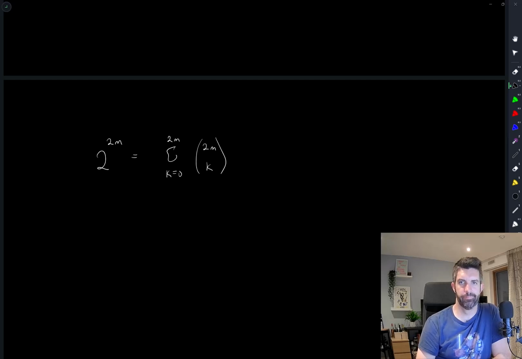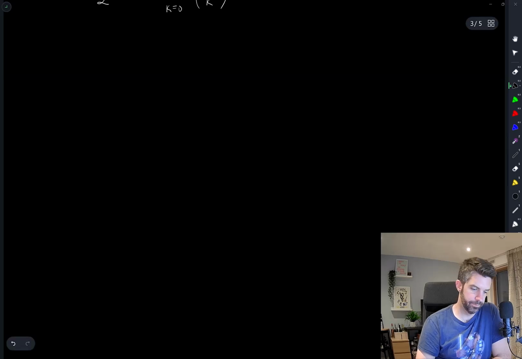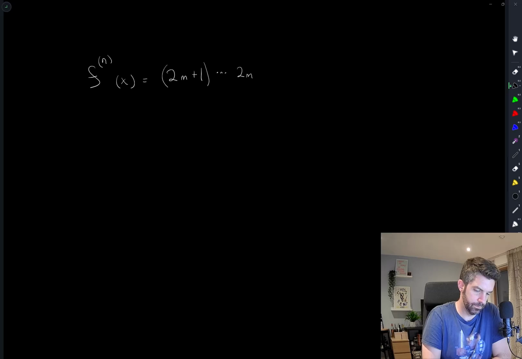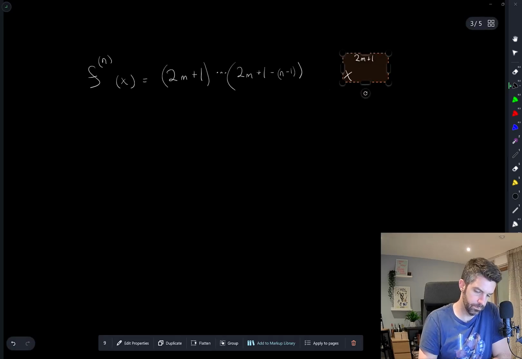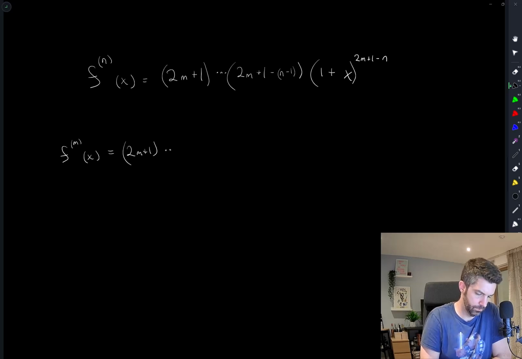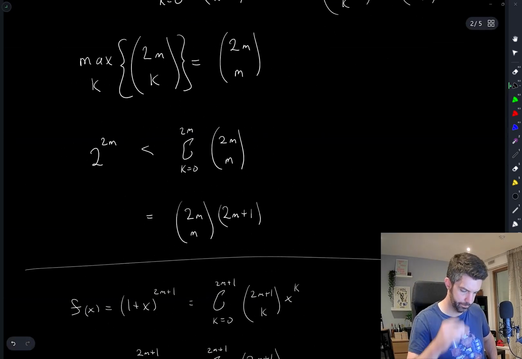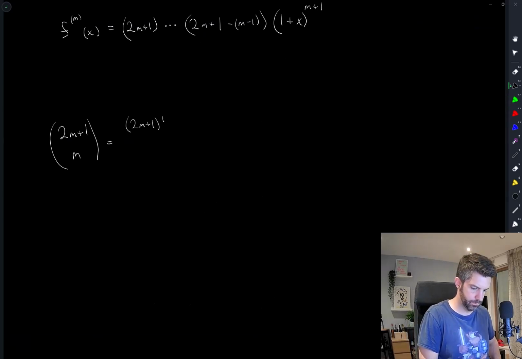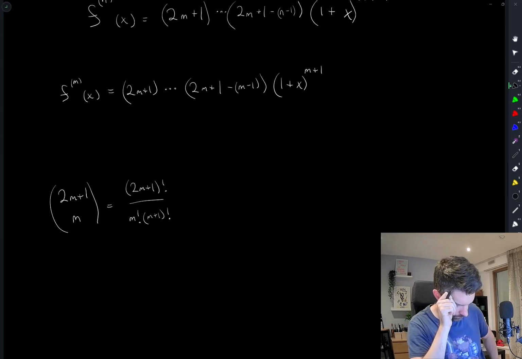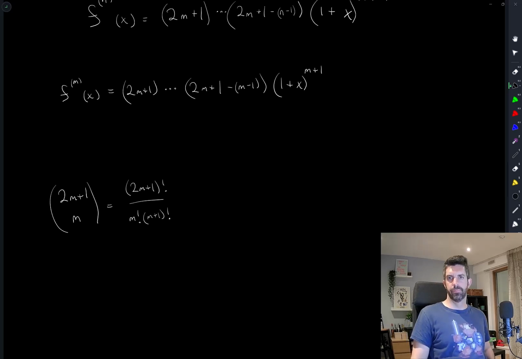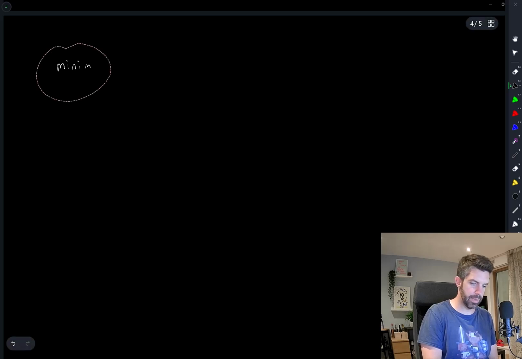What happens if I take more derivatives? How many derivatives do I have to take for this thing to be identically 0? 2m plus 2? Wait, it's an odd power.